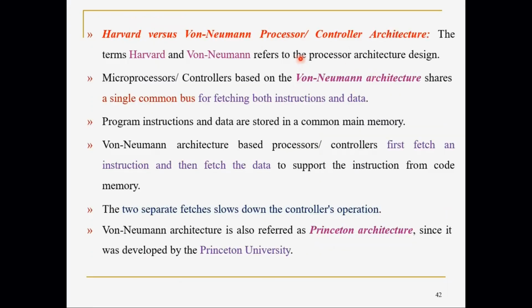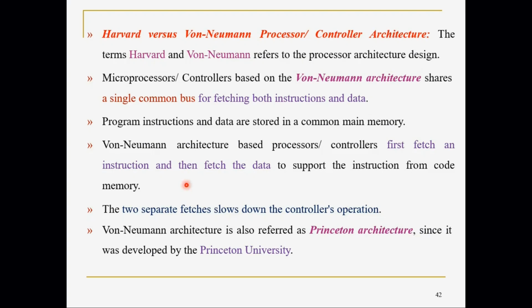Okay, the next concept is Harvard or von Neumann. I told you, the core we present here can be developed based on Harvard architecture or von Neumann architecture. Basically your microprocessor works on von Neumann architecture, whereas microcontrollers work on Harvard architecture.